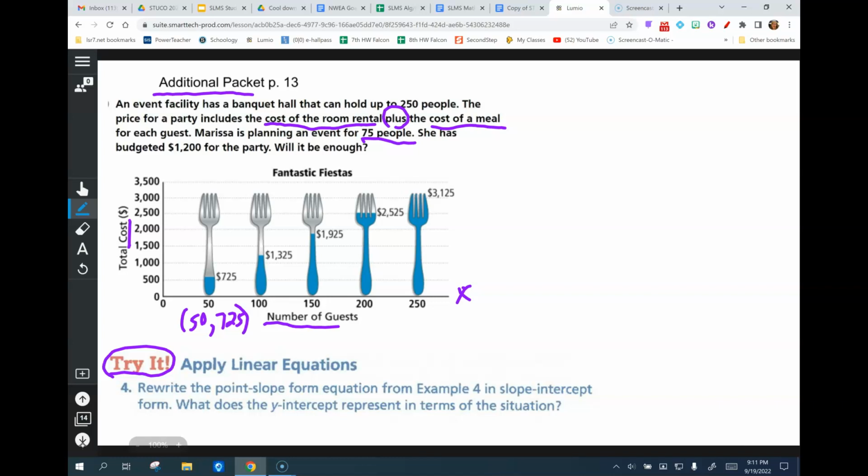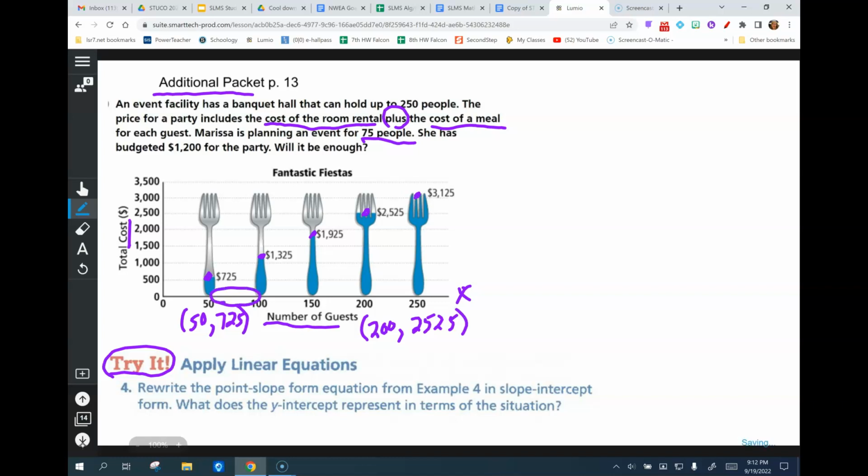Oh no, let's just do 200. So this is the point 200, and the cost is $2,525. And I can choose any that I want, but these are just points on my graph. And see how they're a linear function? Okay? So she says she has budgeted $1,200 for the party. Is that enough for 75 people? Oh, look at that tricky thing.